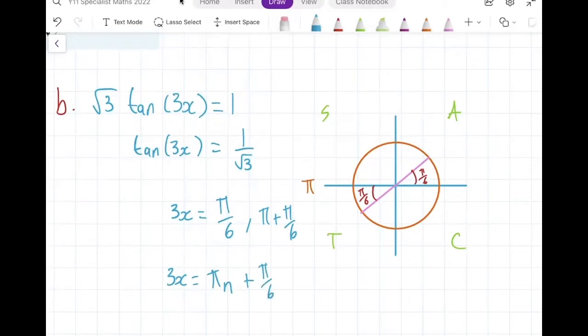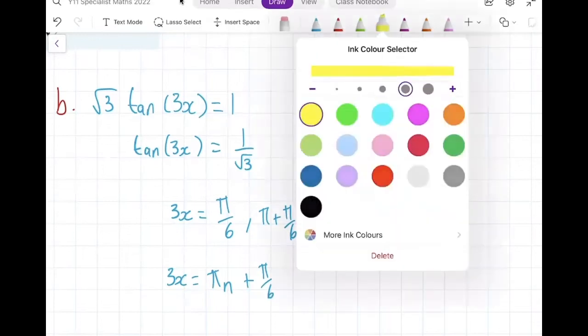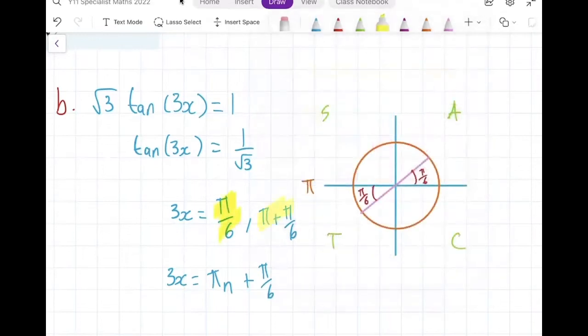If n is 1, I have pi plus pi on 6. So I've got solution 1, I've got solution 2. So it's actually a very simple solution for our tan functions because of this 180-degree relationship, or the fact that I essentially have a straight line between my two angles as well. Also kind of works out well in my favor in that sense, because a straight line is 180 degrees or pi.